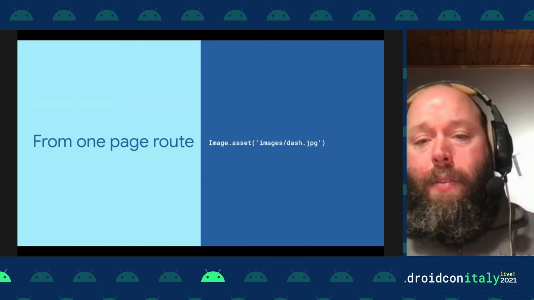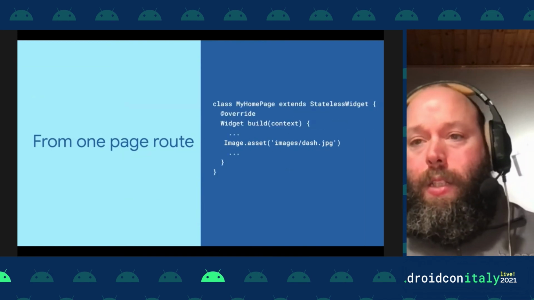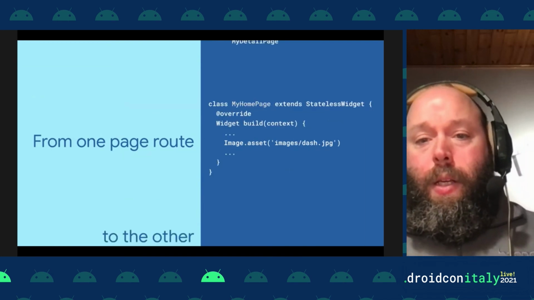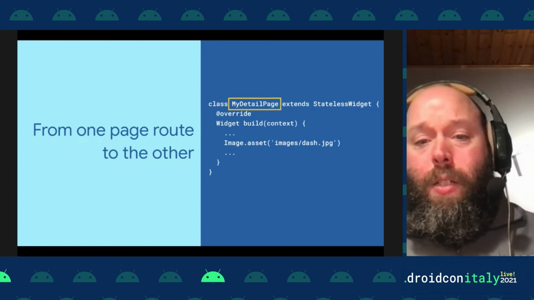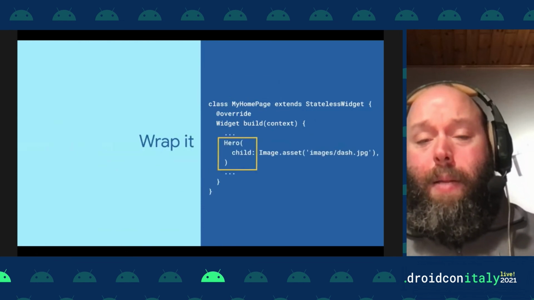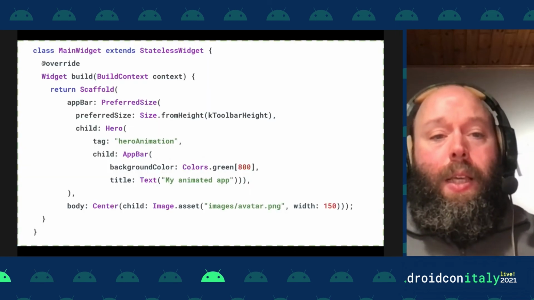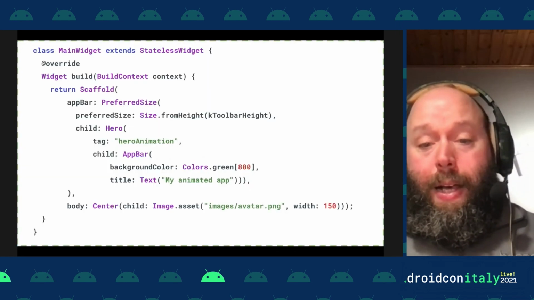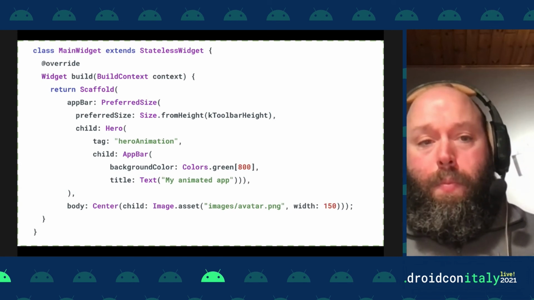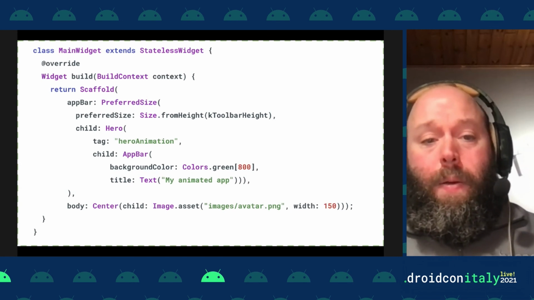Basically, we simply wrap our widget with a Hero widget. It can be two different pages, and then it will be animated automatically. Let's see how. This is my detail screen.